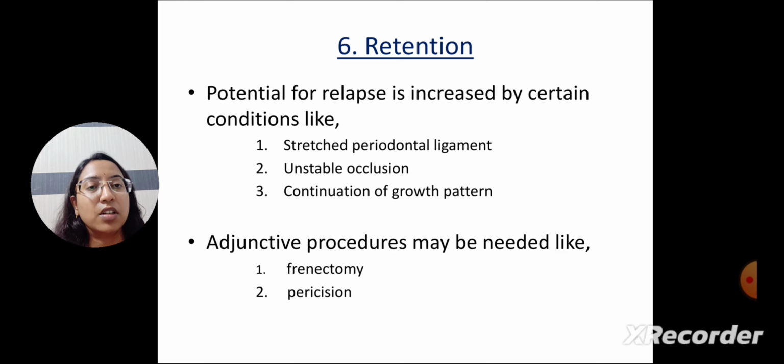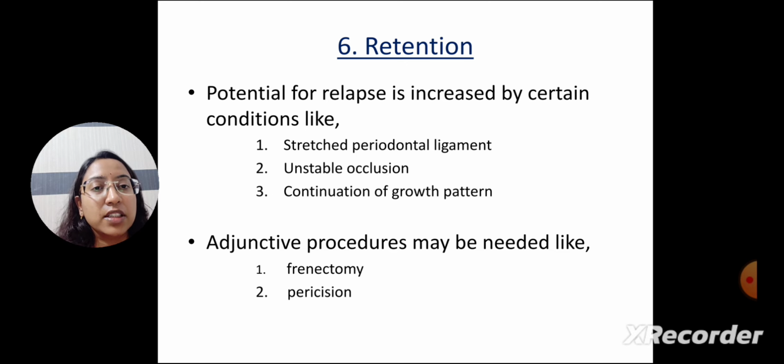So apart from the normal fixed and removable appliances that we provide to the patient, sometimes we also have to give certain additional procedures like frenectomy in case of a very thick labial frenum, which is causing the midline diastema. So by removing this frenal attachment, we allow proper closure of the upper incisors. The scar tissue that is formed after frenectomy will also help with the retention of that midline diastema correction.